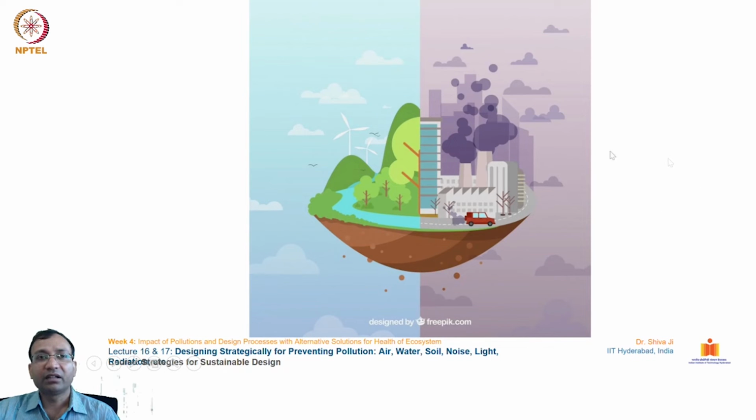Here you see how the world looks in a polluted state and how it should be.